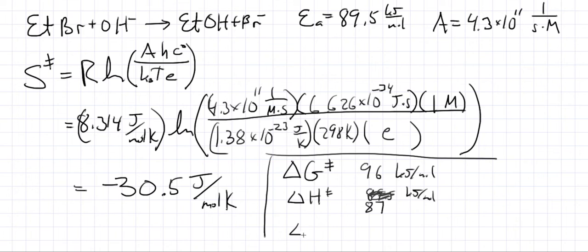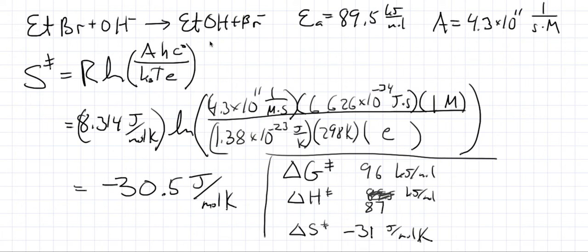And delta S was negative, let's round up and call it negative 31 joules per mole per Kelvin. The discrepancy between these two, the reason why this is more unfavorable than this, is because we have this additional entropic penalty that we have to pay to make the transition state in this reaction.